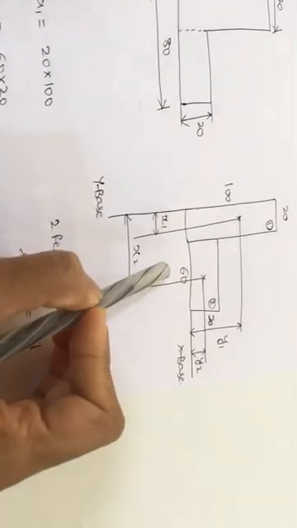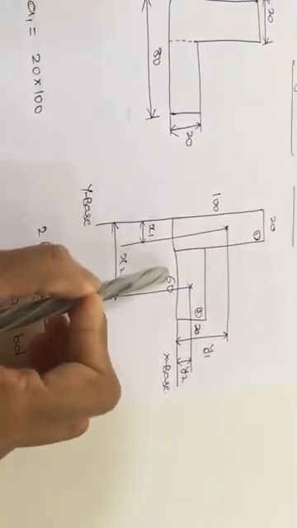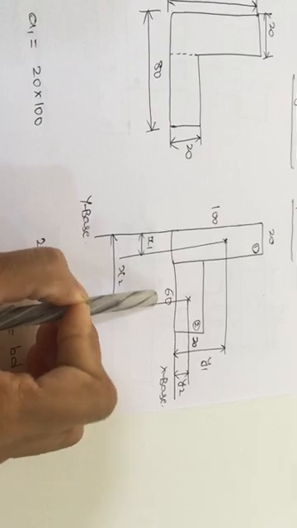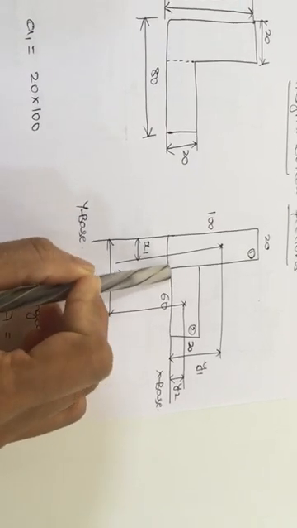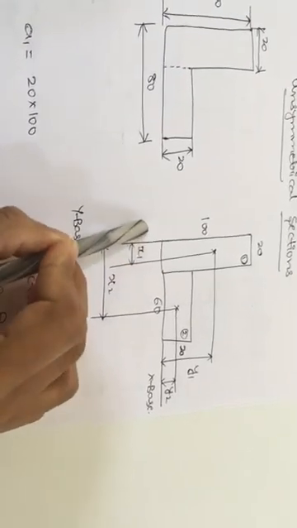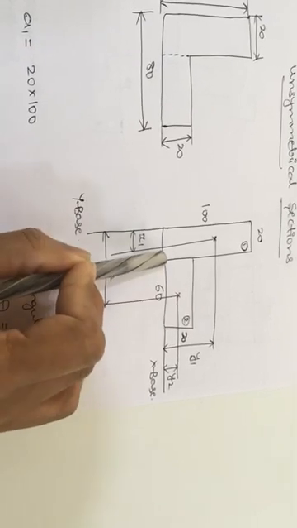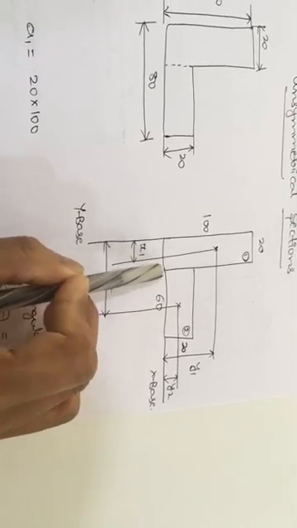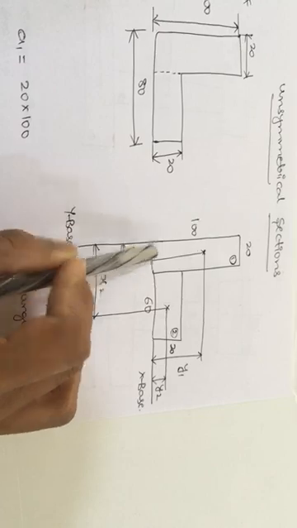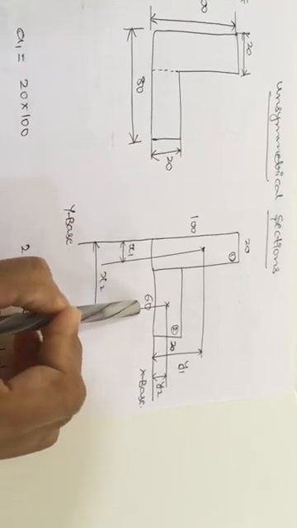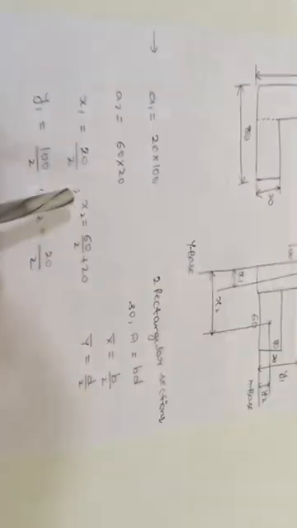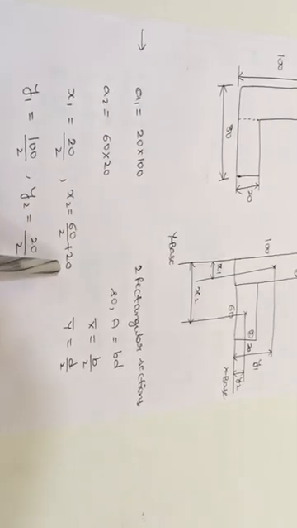B by 2 only. What is the base value for the second section? 60. So 60 by 2 gets us up to that section only, but we need to calculate up to the y base. The formula is applicable up to that individual section, and we need to add the remaining distance up to the y base. So 60 by 2 plus 20.